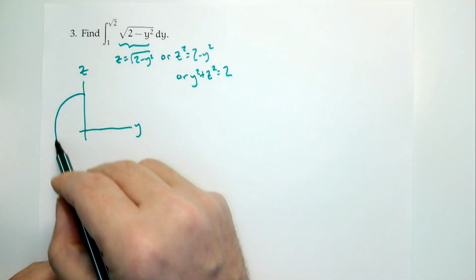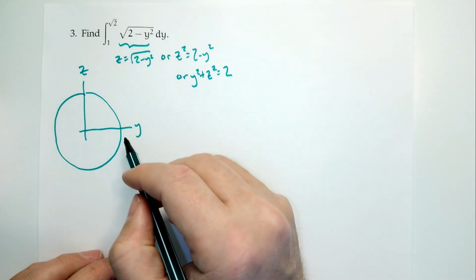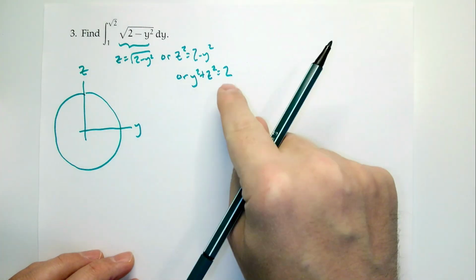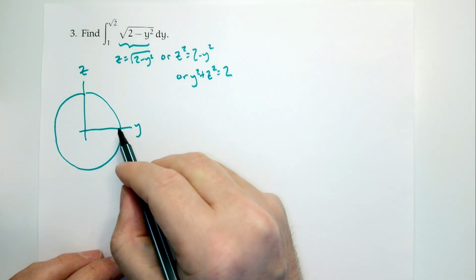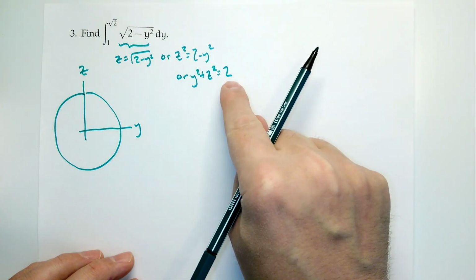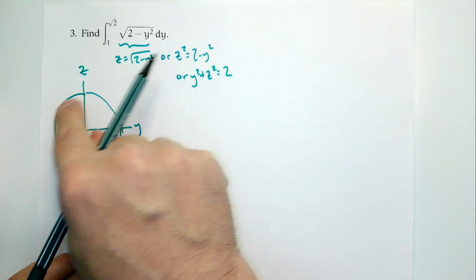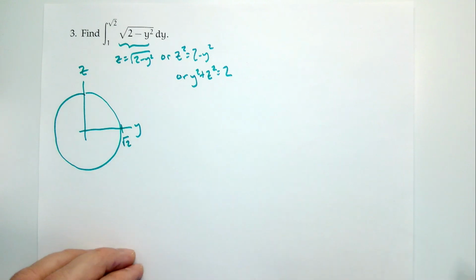That's a circle of radius... oh, what's the radius? Be careful. Is it 2? No. See, that's the radius squared. So radius root 2. Now that's what z squared plus y squared equals 2 looks like.